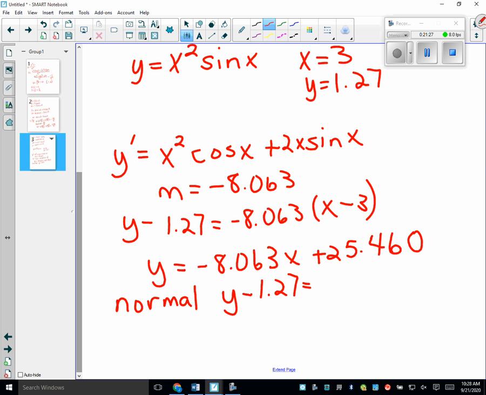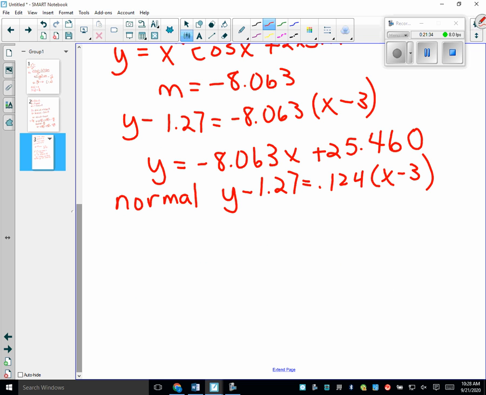Yes. 0.124 times x minus 3, right? So y equals 0.124x plus 0.898. Okay, I got 0.898. Wait. I didn't get it. That's what I got.